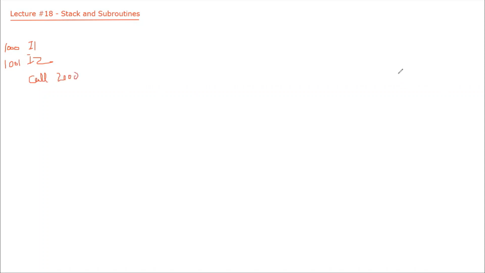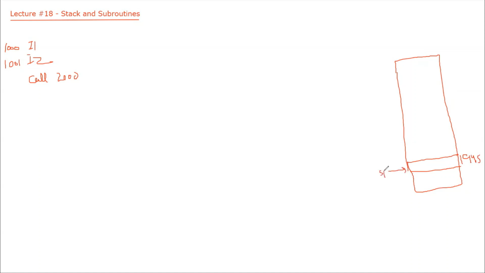And let's say this is our memory. And here, let's take this address as some higher address, for example, 1945. Let's take this. So let's say our stack pointer is here currently.